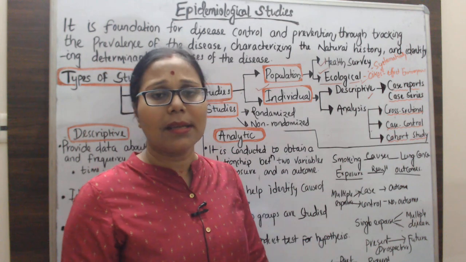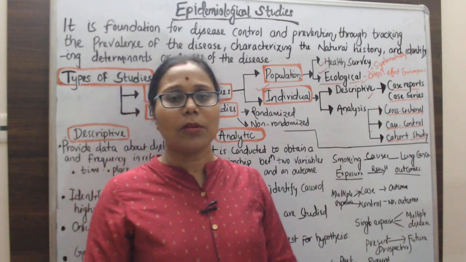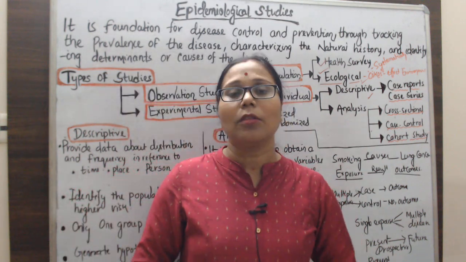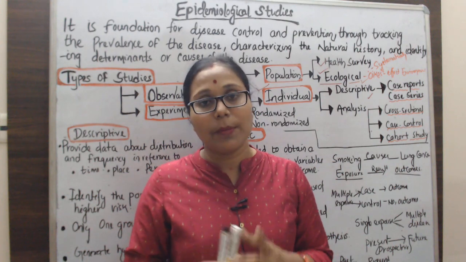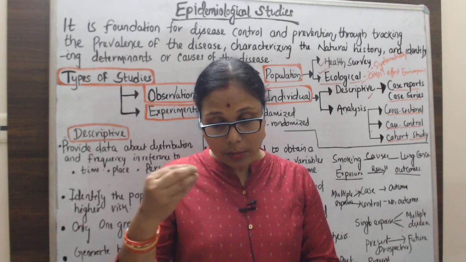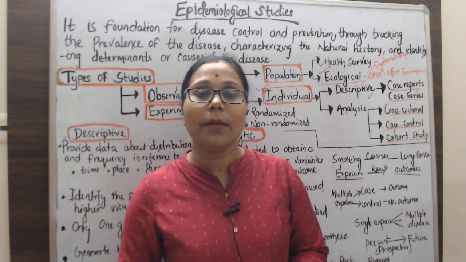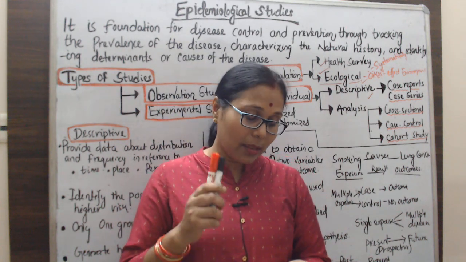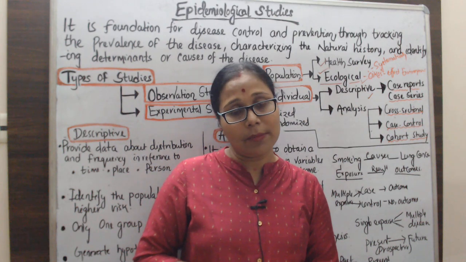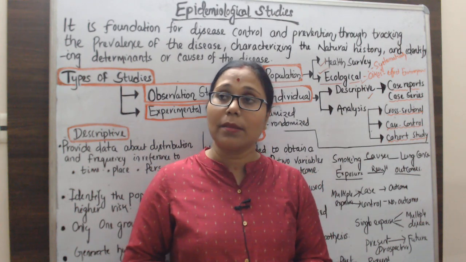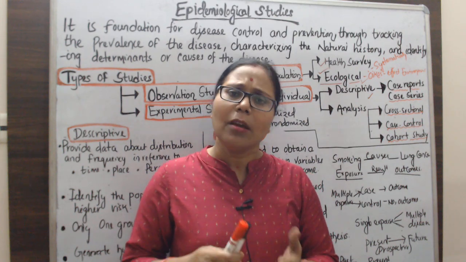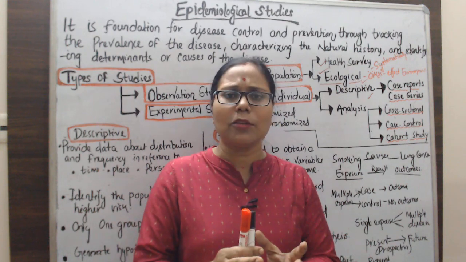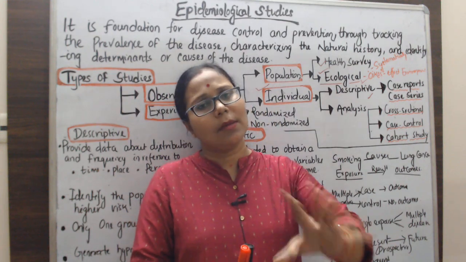And another study is the cohort study. Cohort means the wholesome population. Here we take people or groups, individuals, having the same characteristics, meaning the same age and sex, the same nutritional level, and the same economic level. Otherwise, say, people of the same age group working in the same environment.